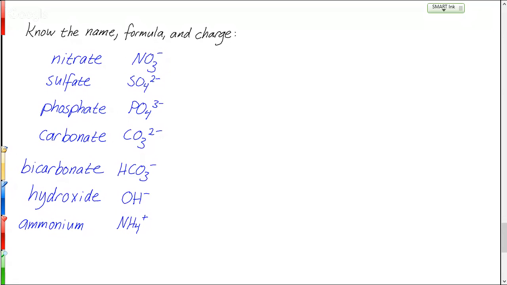All right, let's try these. So we're going to do the same thing we just did. Come up with some names of some compounds, write some formulas based on some names, but we're going to incorporate these in there as well.